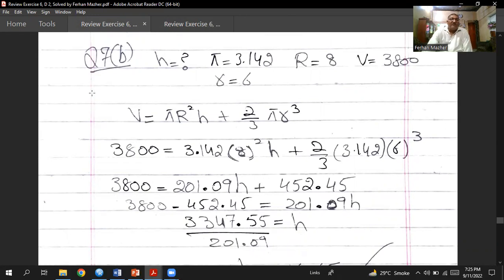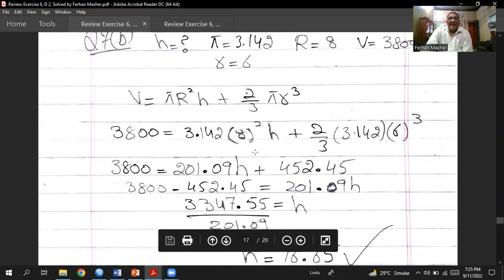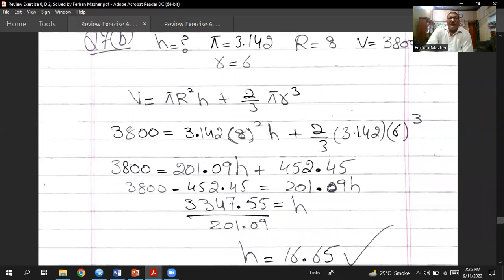So I will find out this value first of all. 3.142 multiply 8 square, that will be 201.09 H, and plus 2 by 3 into 3.142 into 6 cube. In your calculator, you will enter 2 divide 3 multiply 3.142 multiply 6 raised to power 3, and that will be 452.45.